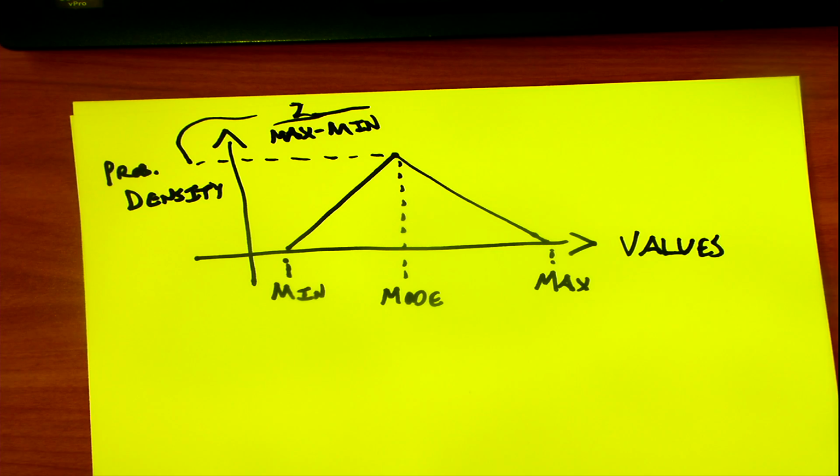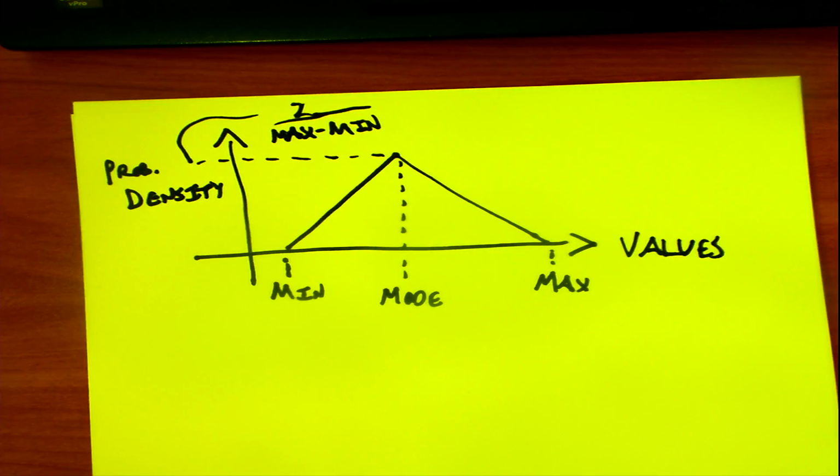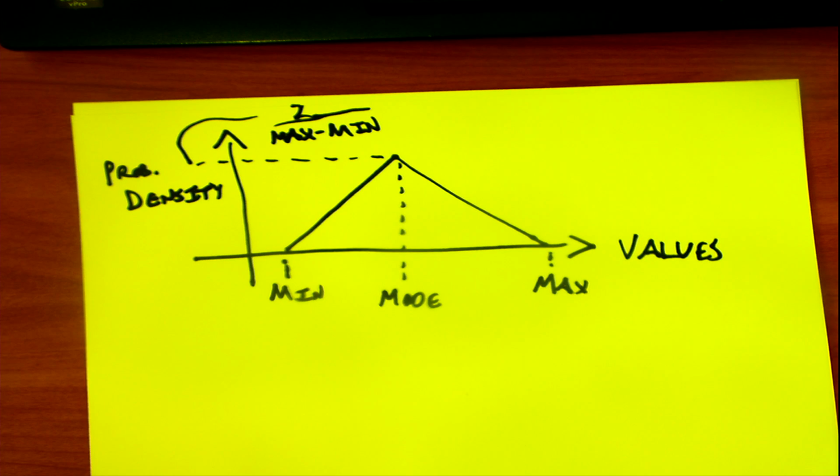One of the nice things about this, as opposed to creating a joint probability table, is that it's a continuous distribution. It's not discrete. So I can look literally for any value and get a probability density associated with it.